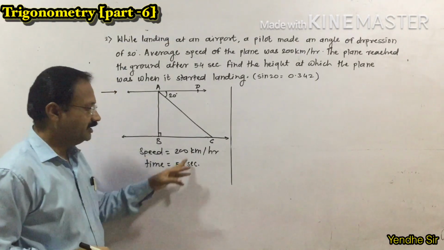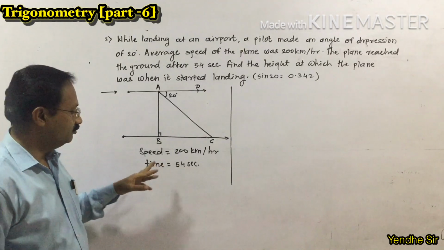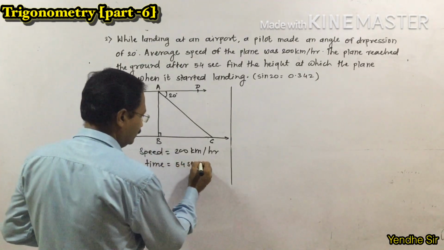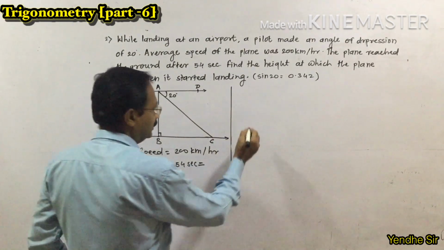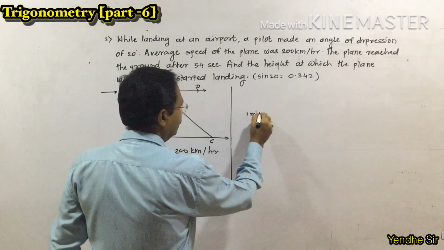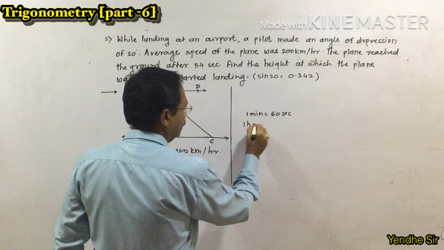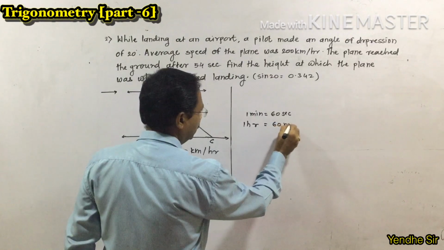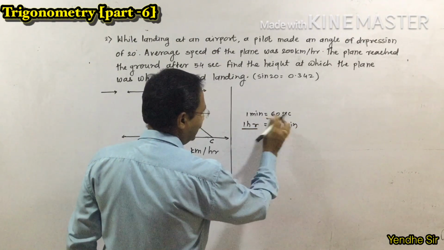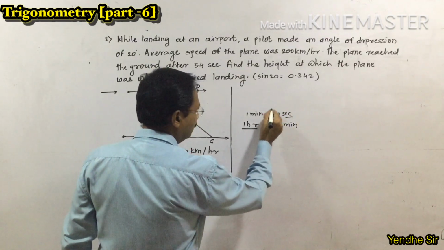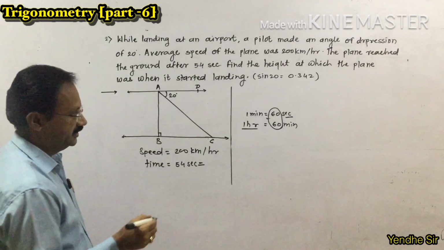First listen. It is given in kilometers per hour and it is given in seconds. So you have to convert that seconds into hours. So how can you convert? We know that 1 minute equals 60 seconds and 1 hour equals 60 minutes. So it means you have to convert the 1 hour into seconds, then 60 multiplied by 60 equals 3600.